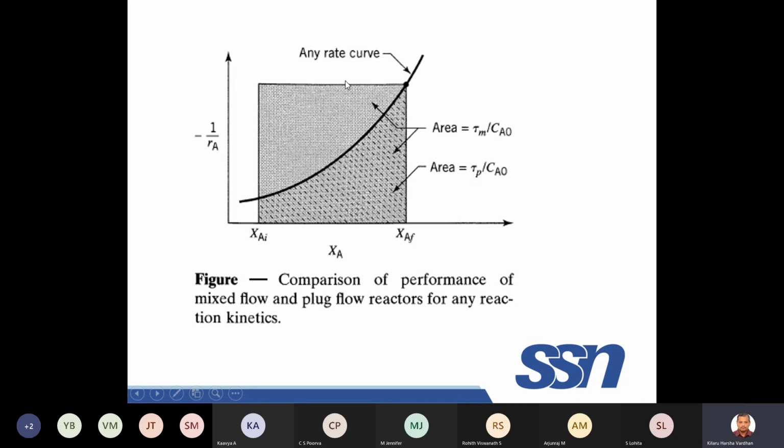Whereas for the same conversion, the rectangle area will give you tau M. M or P suggests mixed and plug flow, right? Just to differentiate, they put tau M by CA naught or VM by FA naught, whatever you want to name it. So he is giving only in terms of taus. The volume or the space time required for the CSTR is much greater than for the PFR, right? So no one answered this question. Why?